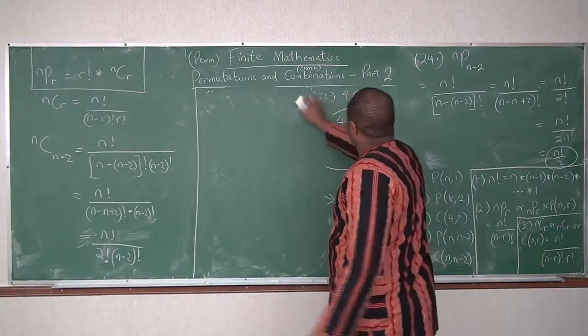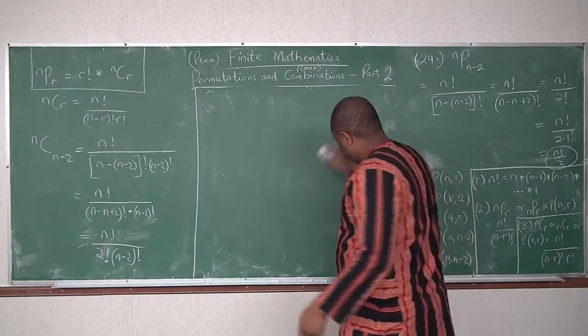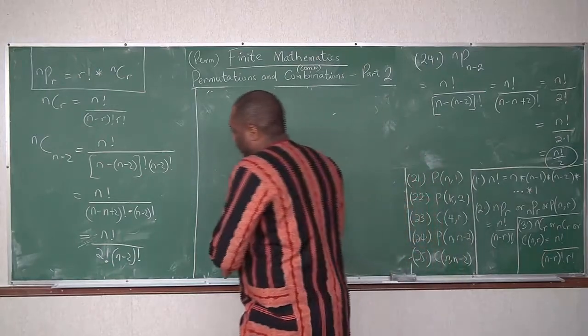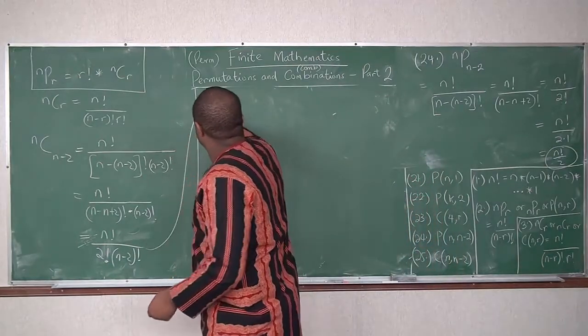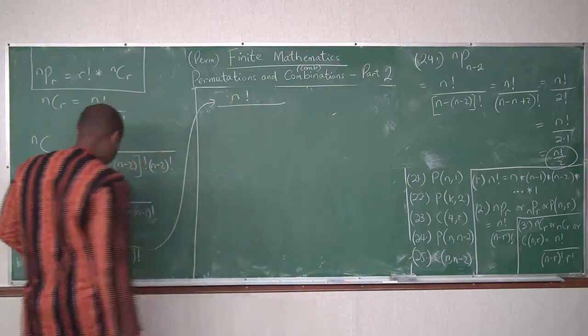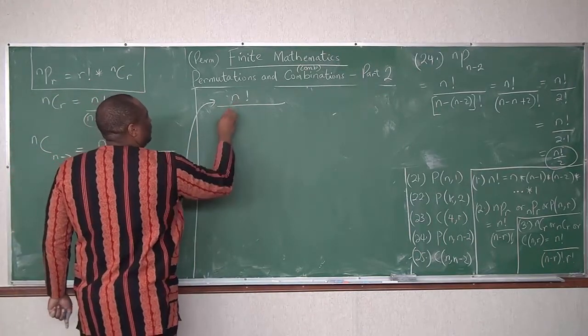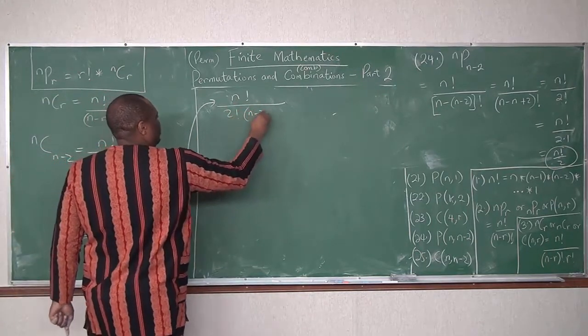We now see, from what we've established in part 1, that this will be n factorial over 2 factorial times (n minus 2) factorial.